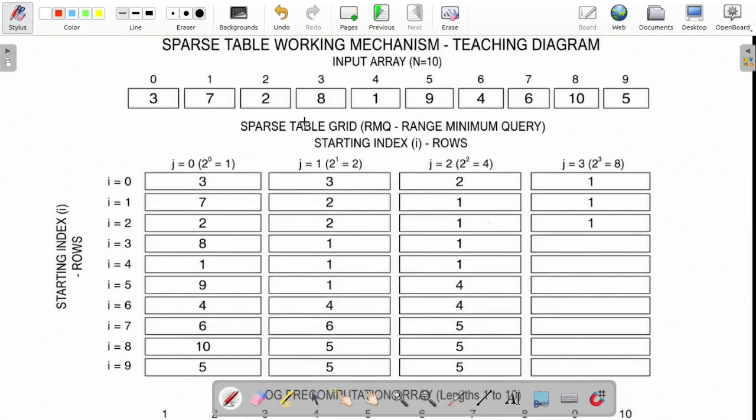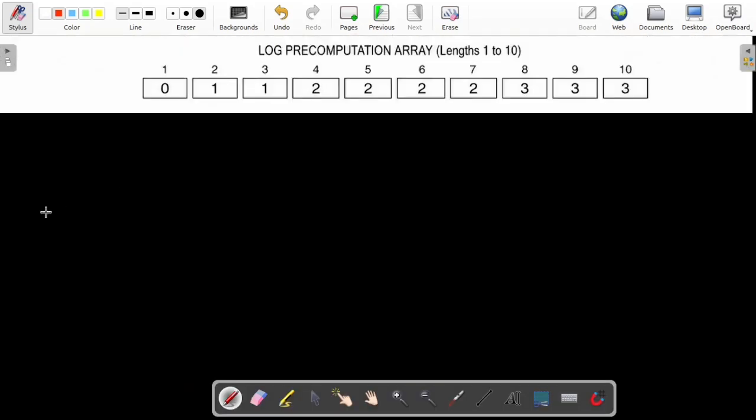Let's consider for this array, I gave you a query from index 1 till index, let's say, 7. I need the answer for this segment. We need to calculate the answer for 1 comma 7.